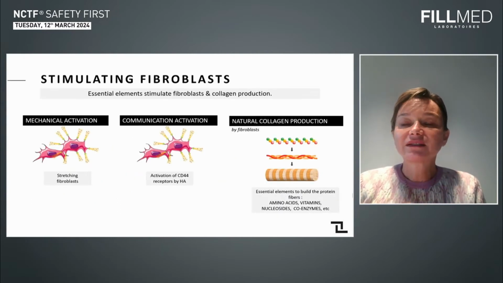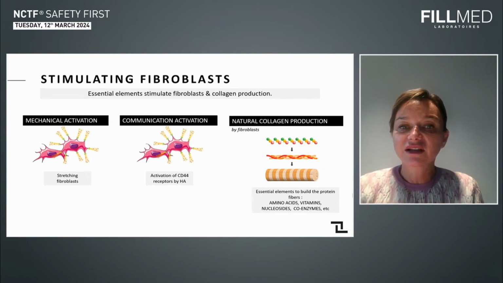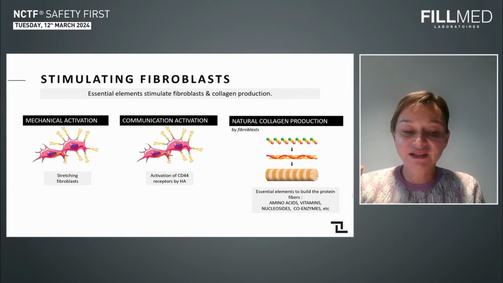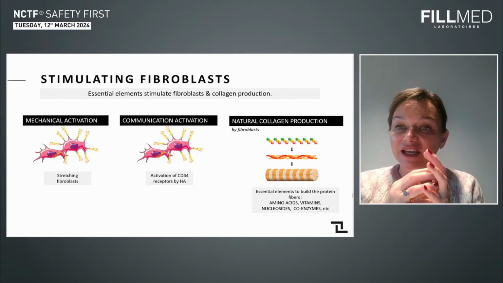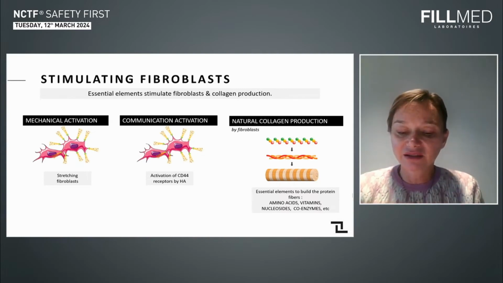So there are many ways to stimulate fibroblasts and to produce good collagen to regenerate the skin. There are mechanical activations, and there is a communication activation through the CD44 receptors. That is the receptor where the HA will be fixed, to induce synthesis of collagen. And we do know that collagen is mainly provided by amino acids, building blocks of amino acids.